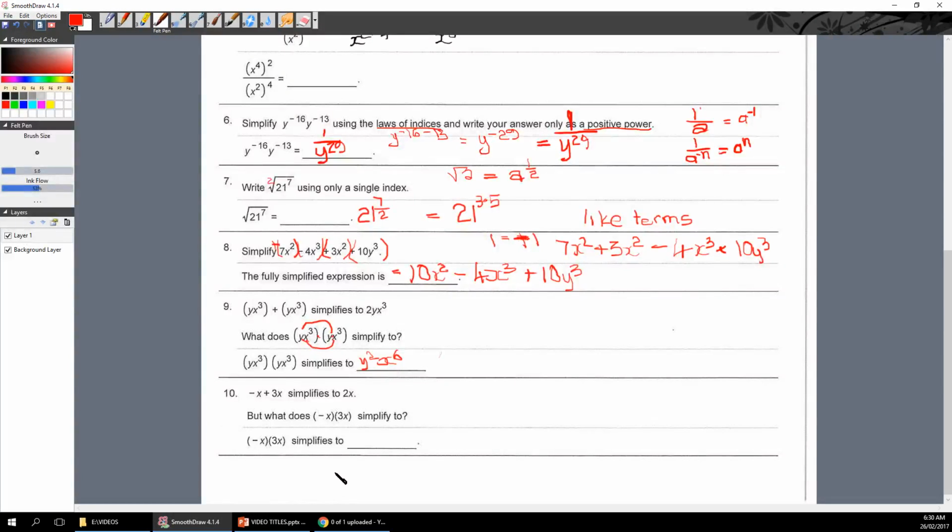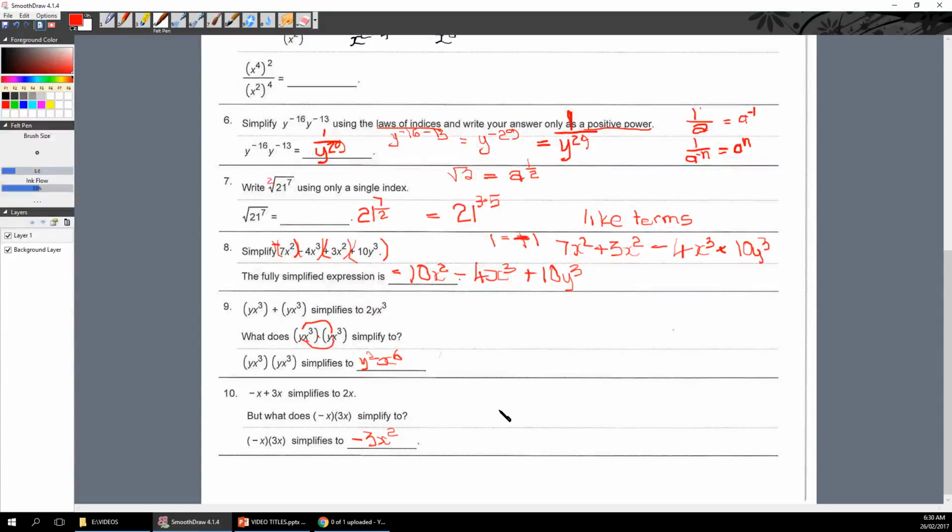Now, what does this one here simplify to? Well, it's simply negative. It's a pretty easy one, this one. Negative 3x squared. In fact, most people got that one.